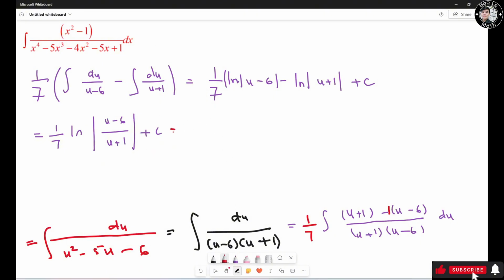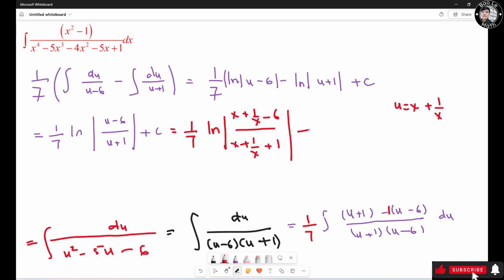Now we know that u equals s plus 1 over s, so we substitute s plus 1 over s for u. It's going to be 1 over 7 natural log of the absolute value of s plus 1 over s minus 6, over s plus 1 over s plus 1, plus c. And this is the final answer.